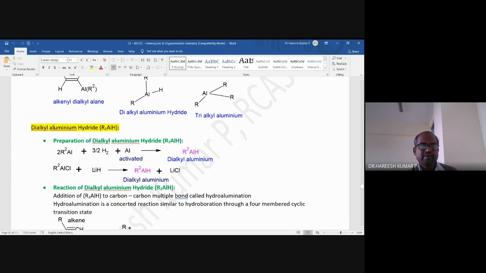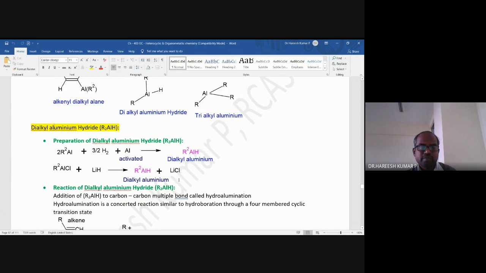Suppose we take dialkyl aluminum chloride instead, the chloride can be replaced with hydride. A reaction of dialkyl aluminum chloride with lithium hydride gives dialkyl aluminum hydride, with lithium chloride as a byproduct. Let's not worry about that.